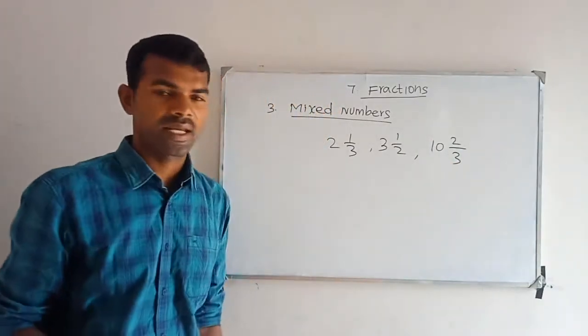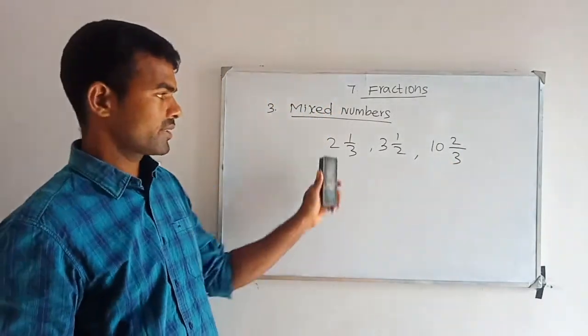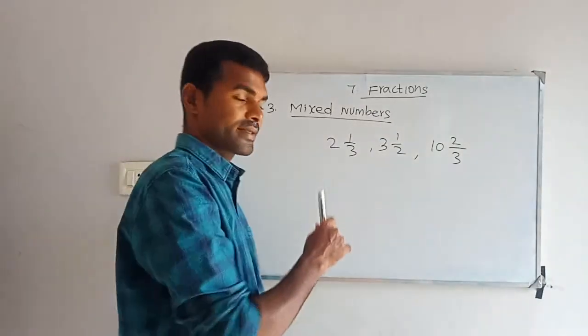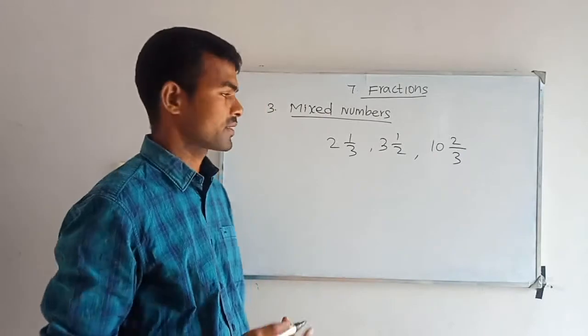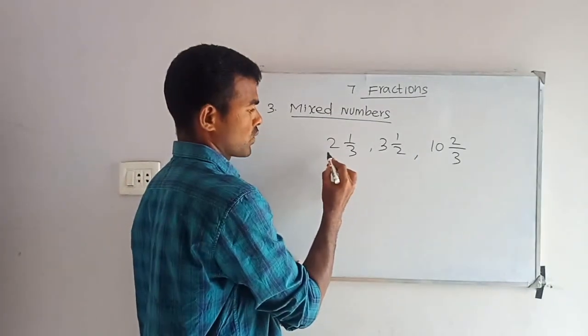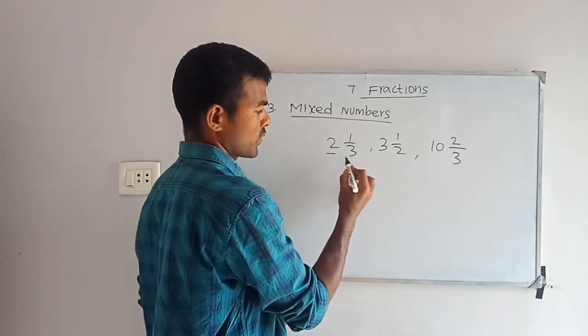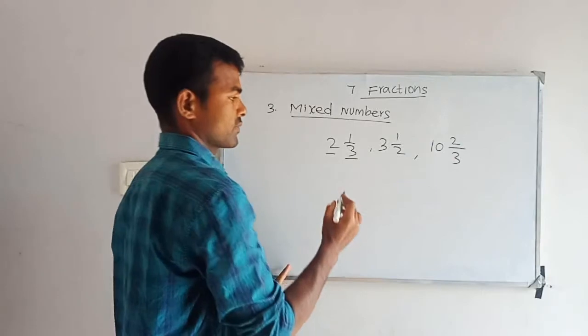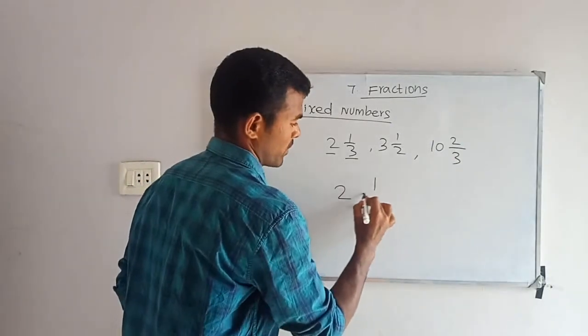These numbers are mixed numbers. In a mixed number we can see two parts. See 2 and 1 by 3: there are two parts.